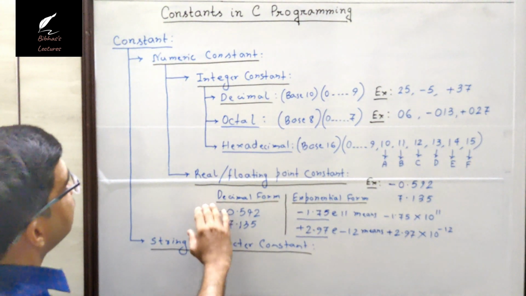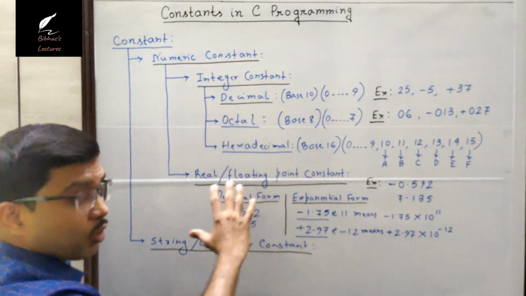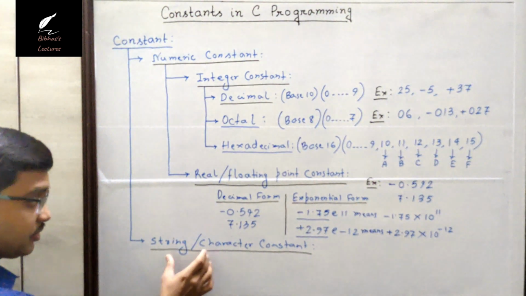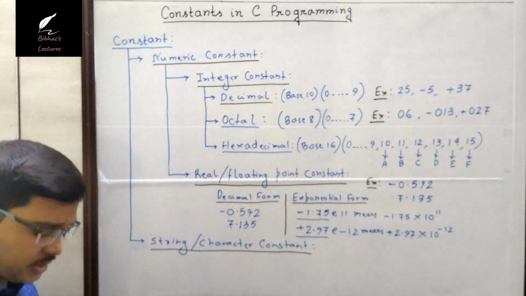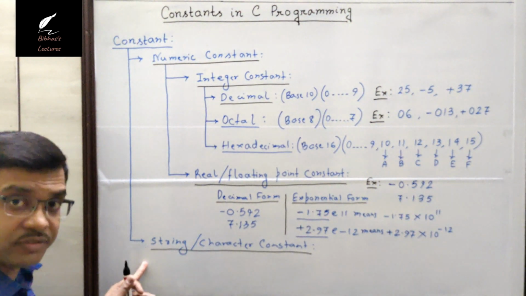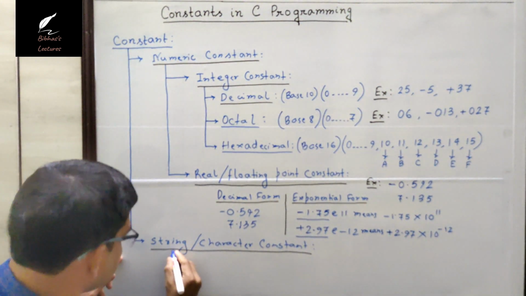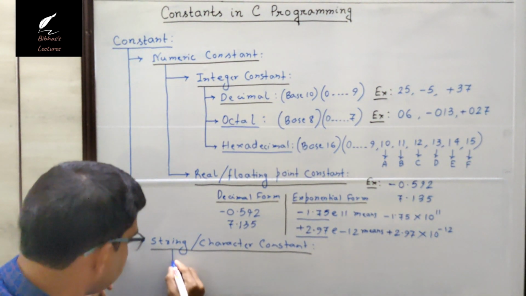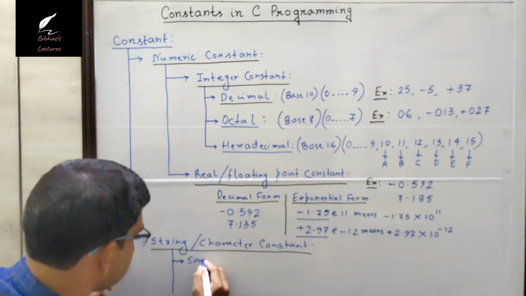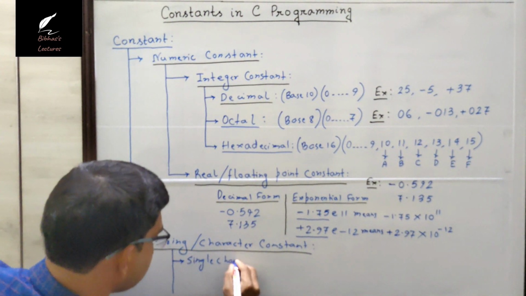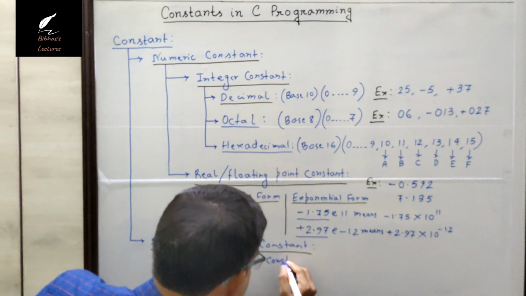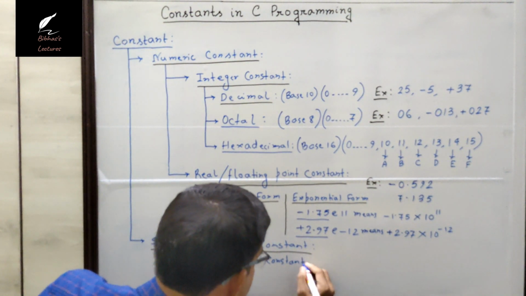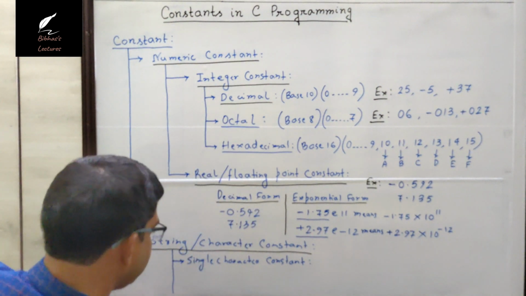So these are basically the numeric constants, and the next category is string or character constant. Now what is a character constant? This string or character constant can again be classified into two different categories. The first one is the single character constant. Now what is a single character constant?